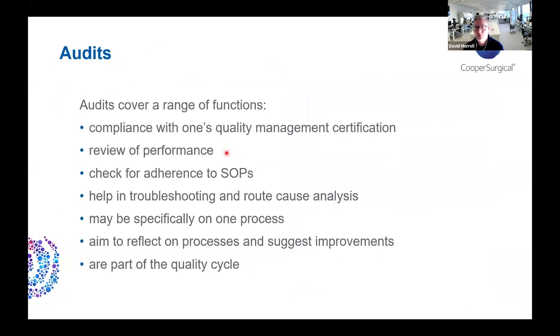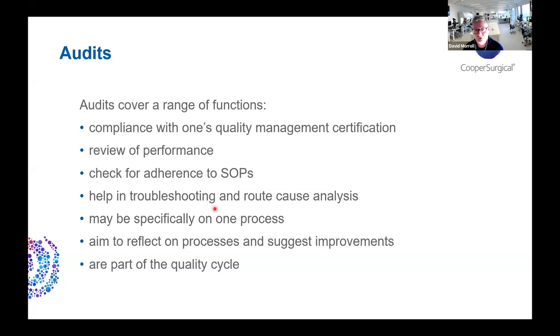Now we can collect all the data we want and we can do our routine KPIs, but actually an important element of it is also to build in some degree of self-audit. And audit can be a slightly unnerving word to use, but essentially what you're doing is looking to review performance, check adherence to SOPs, help in troubleshooting.